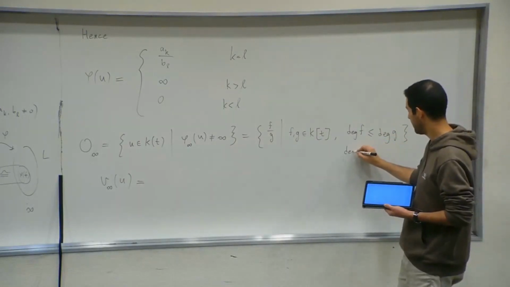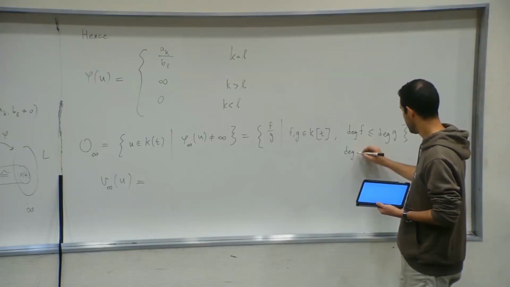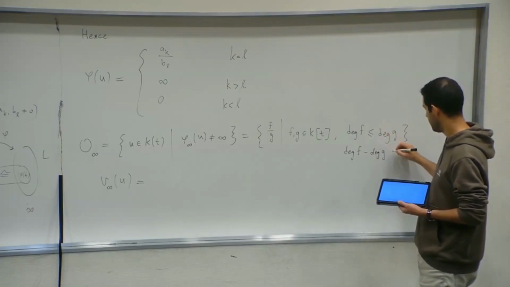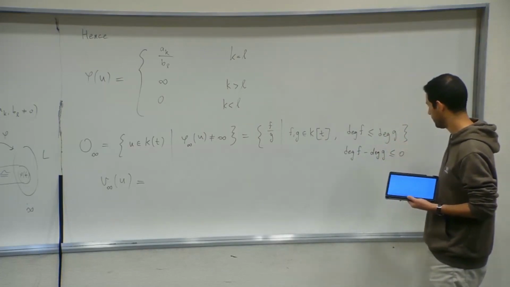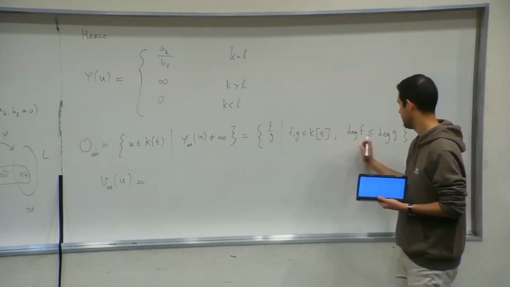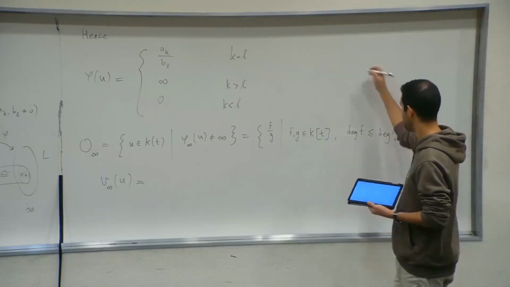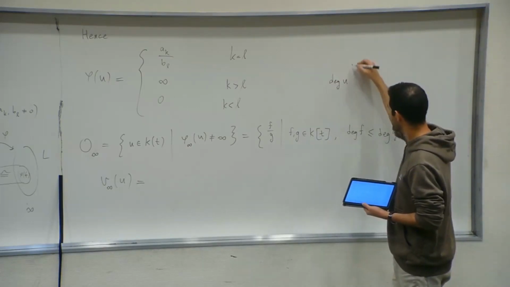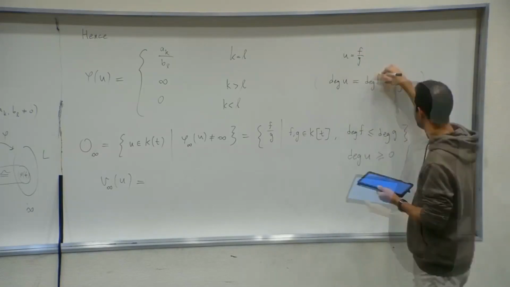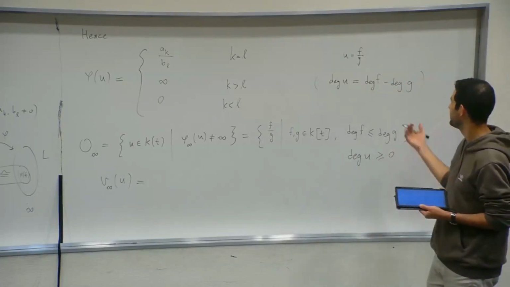So it's exactly like saying deg F minus deg G is non-negative. To avoid confusion, I define deg U for U equal to F over G as deg F minus deg G, what you would expect.